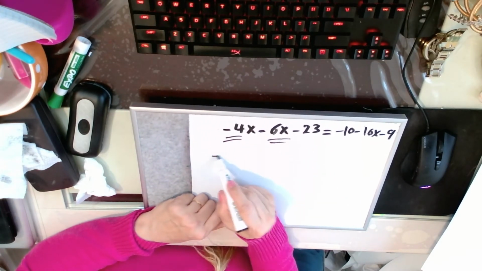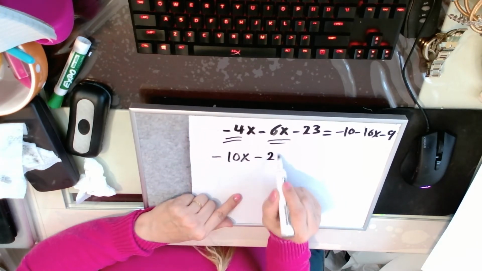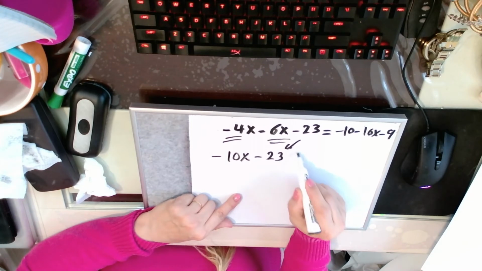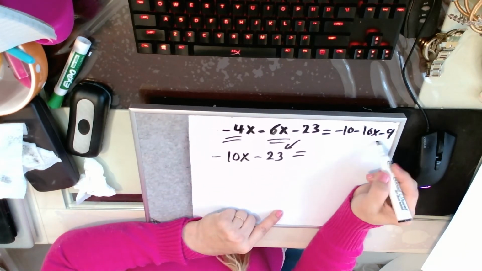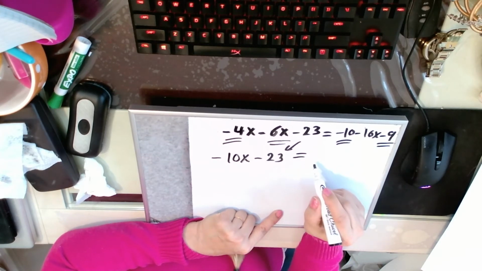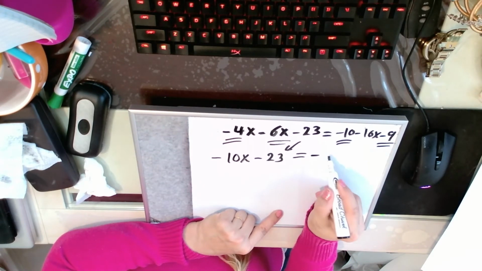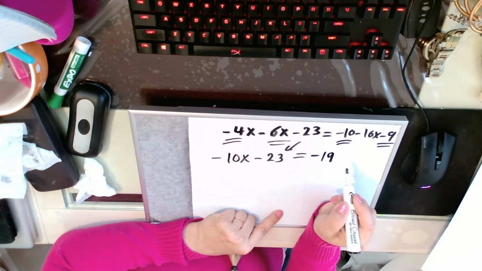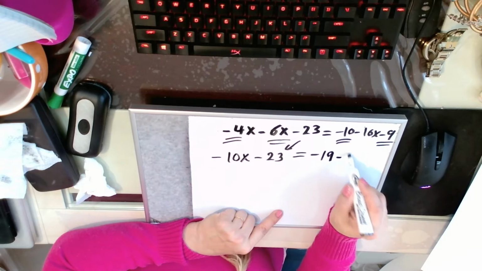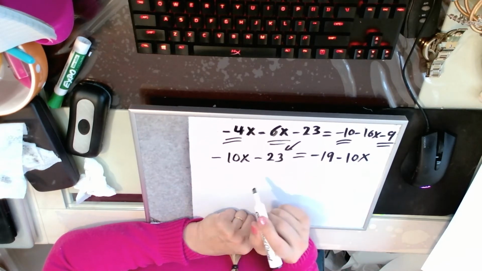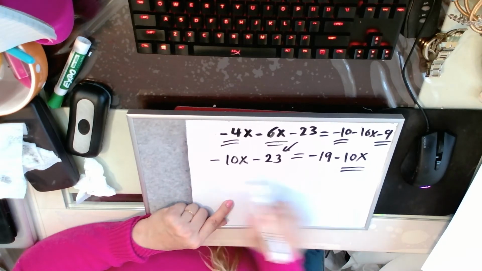So it's going to be minus 10x, and then minus 23 is going to go down, equals, just add the similar terms together. It's going to be minus 10 minus 9, minus 19, minus 10x.